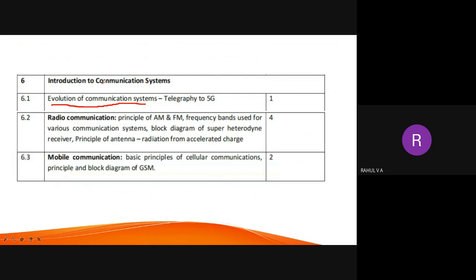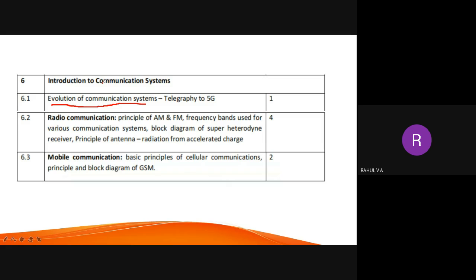Later, in radio communication, we understood what modulation is. Modulation is the process of combining a low frequency signal with a high frequency carrier wave. Then we saw the advantages of modulation: long distance transmission, reduced antenna length, less noise and interference.